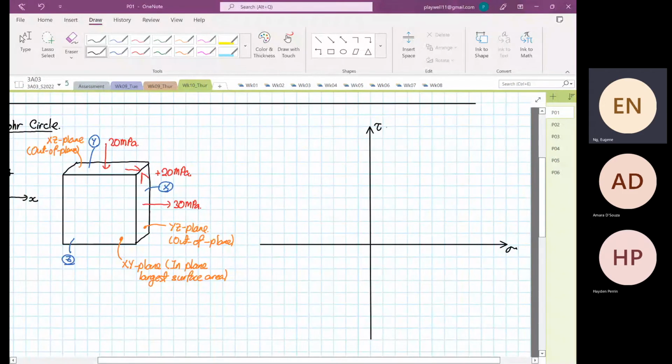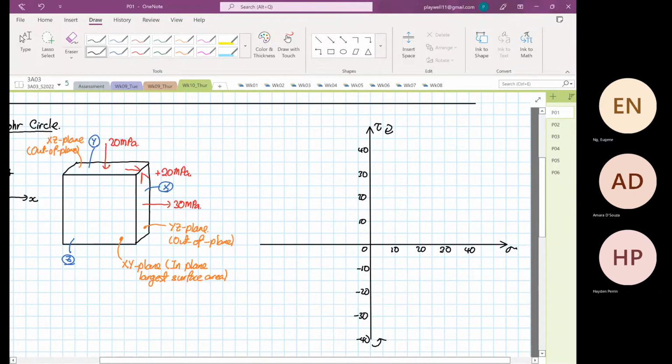Shearing stress, element rotate clockwise, element rotate anti-clockwise, with the axis marked 0, 10, 20, 30, 40 and minus 10, minus 20, minus 30, minus 40. We are still going to use 2D Mohr circle principles.